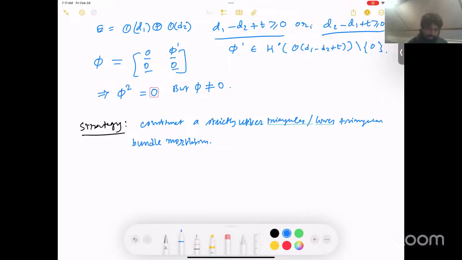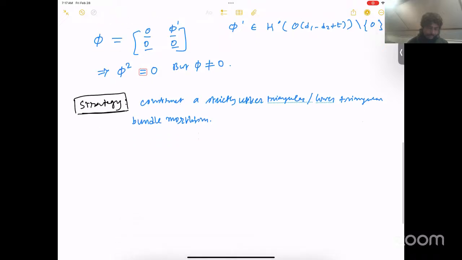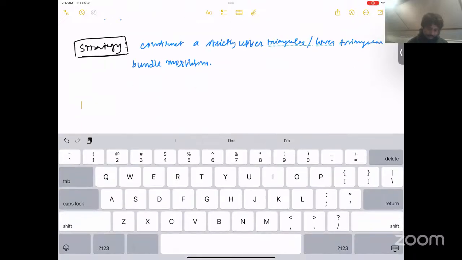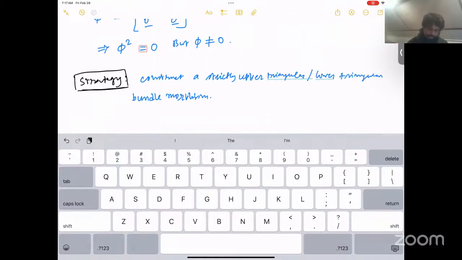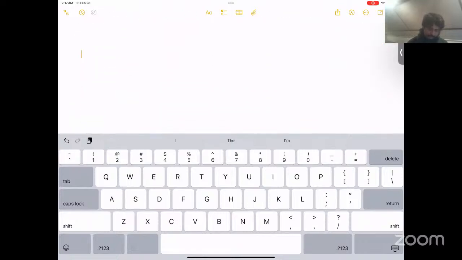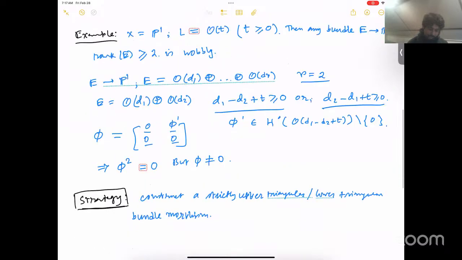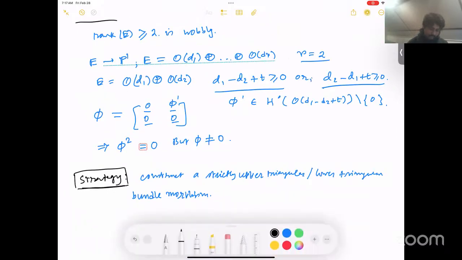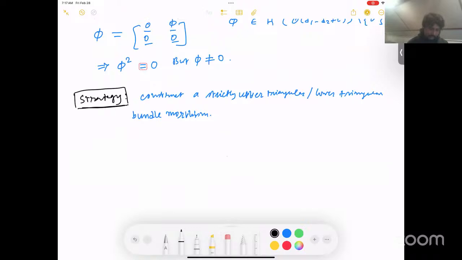Okay. So this strategy actually helps us to understand these very stable bundles in terms of slope stability, or slope semistability. So slope.